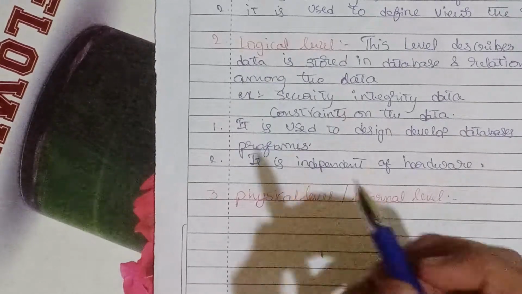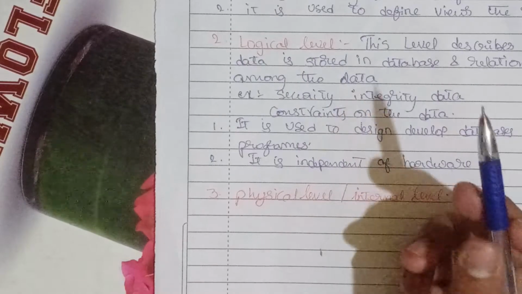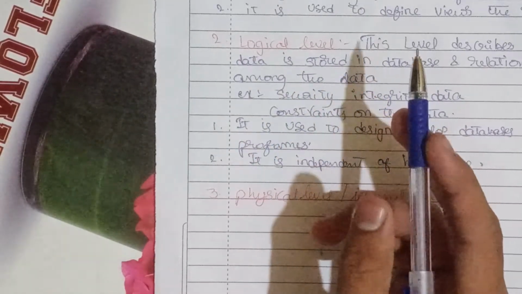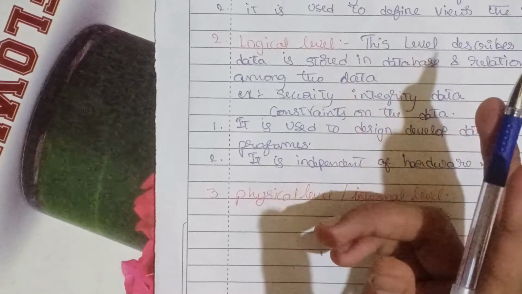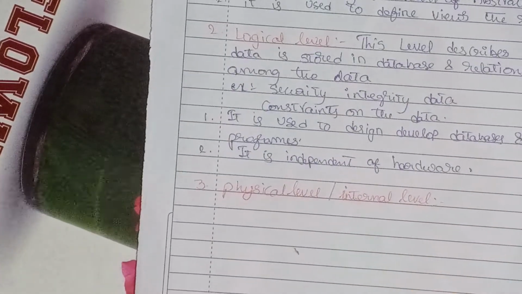It is the physical representation of the database. This level describes how data is stored in databases. It covers the data structures and file organization.